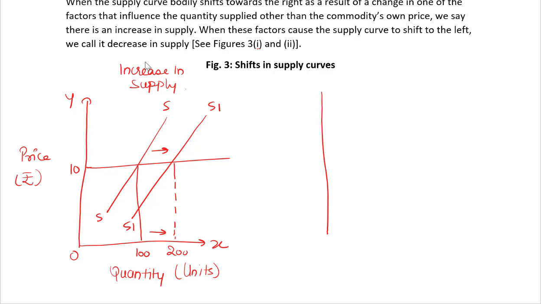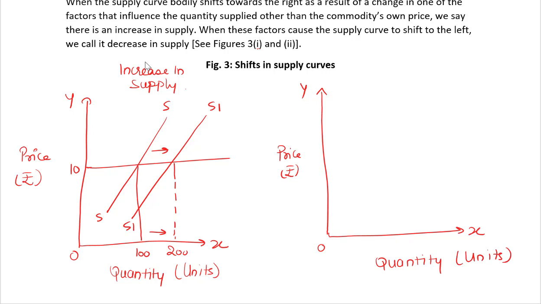Now we'll see the case of decrease in supply. X, origin, Y, price in rupees, quantity in units. This is the price, that is 10 rupees. Earlier, we were able to supply 200 units, but now we are able to supply only 100 units.